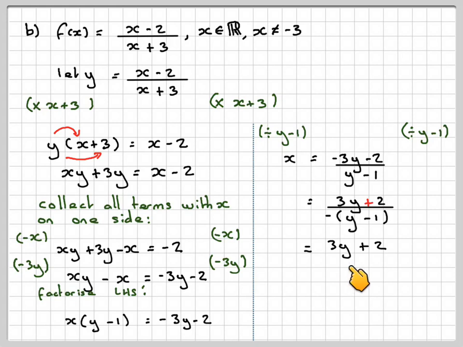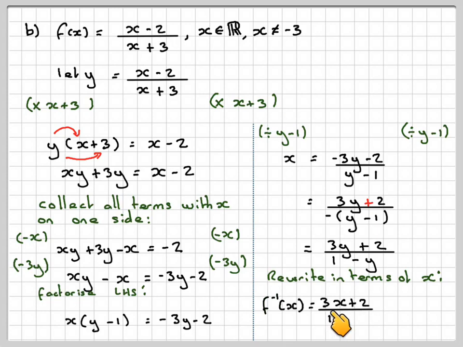So that becomes 3y plus 2, and then if you take that in, you're going to get minus y plus 1, which you can write as 1 minus y. Now rewrite it in terms of x, so it's f to the minus 1 is equal to 3x plus 2 over 1 minus x. But notice that x cannot be equal to 1, otherwise you're dividing by 0. So you have to state the domain.